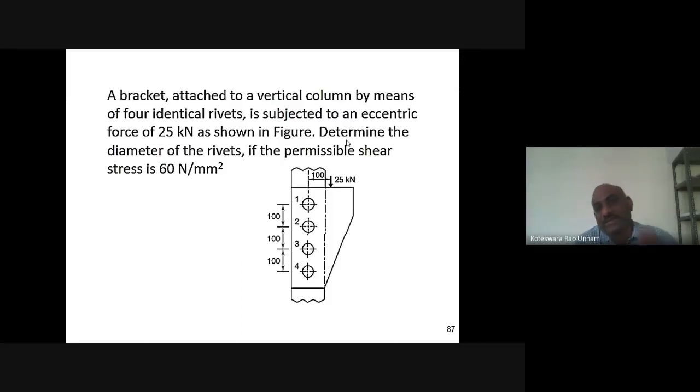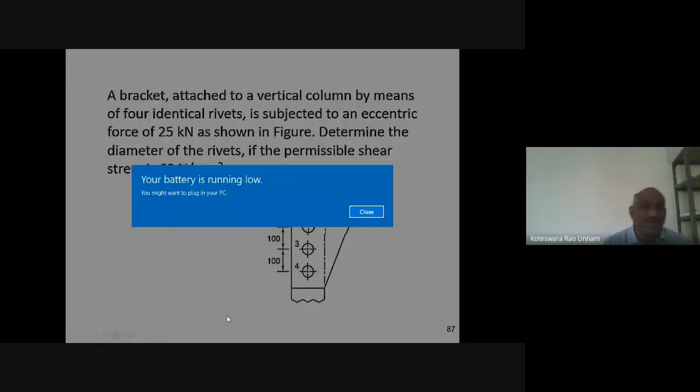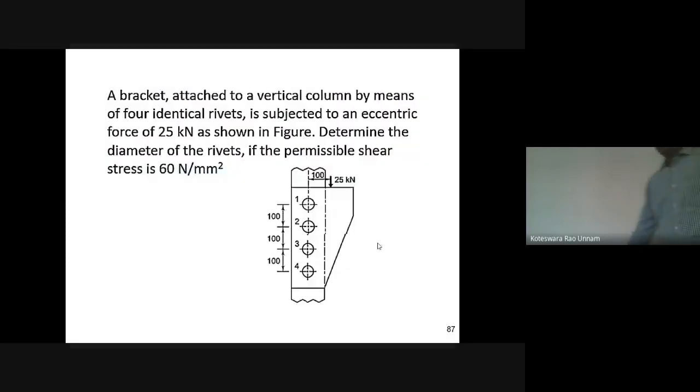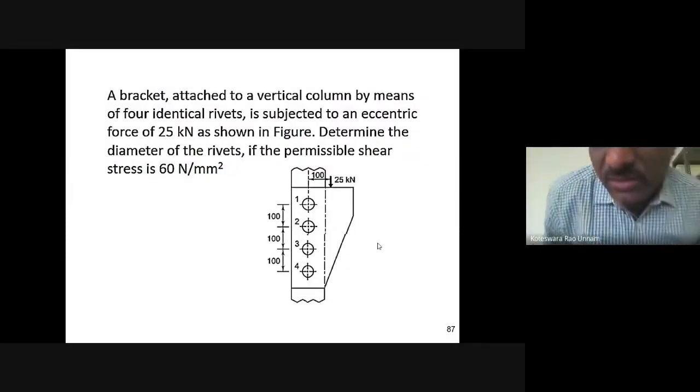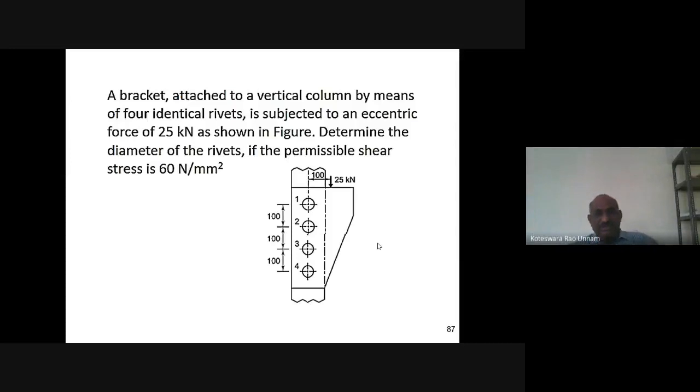Okay, so right. Here he has given a bracket which is attached to some plate or wall, whatever it may be, through 4 rivets. So in our rivet system there are only 4 rivets. It is subjected to a load of 25 kilonewtons.